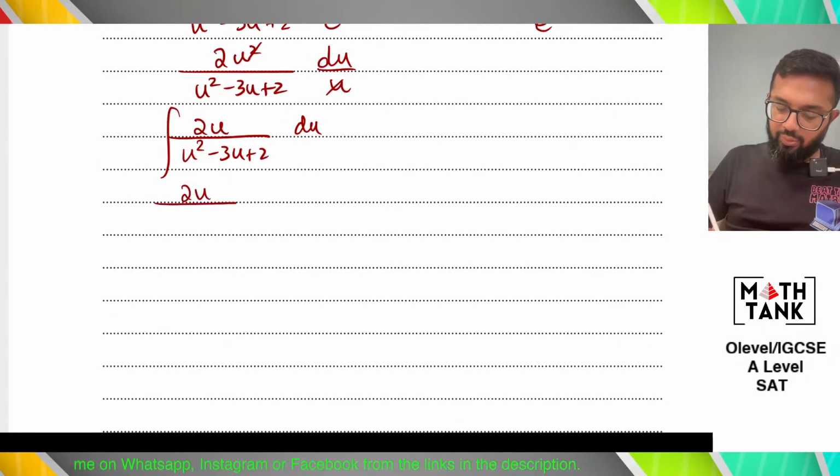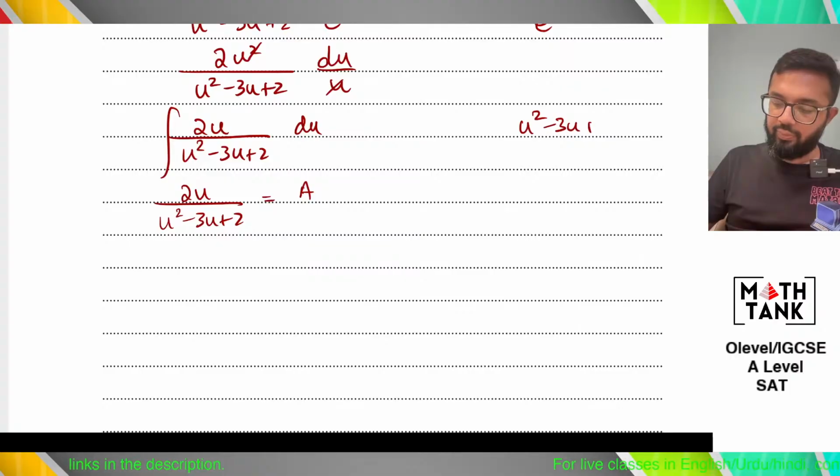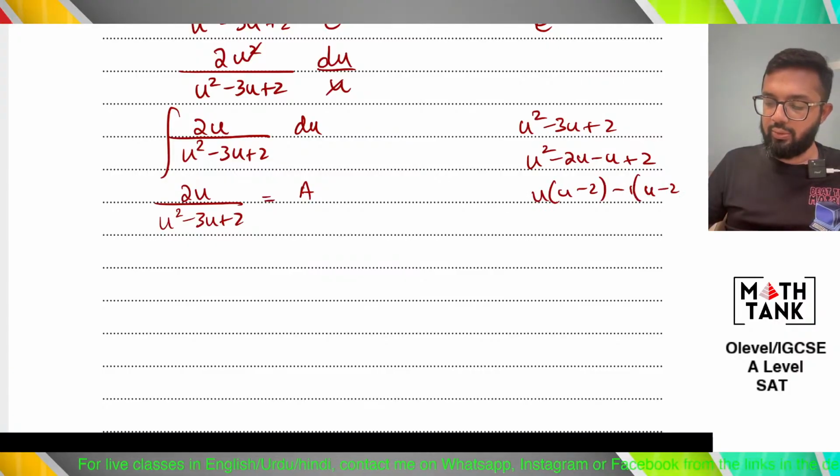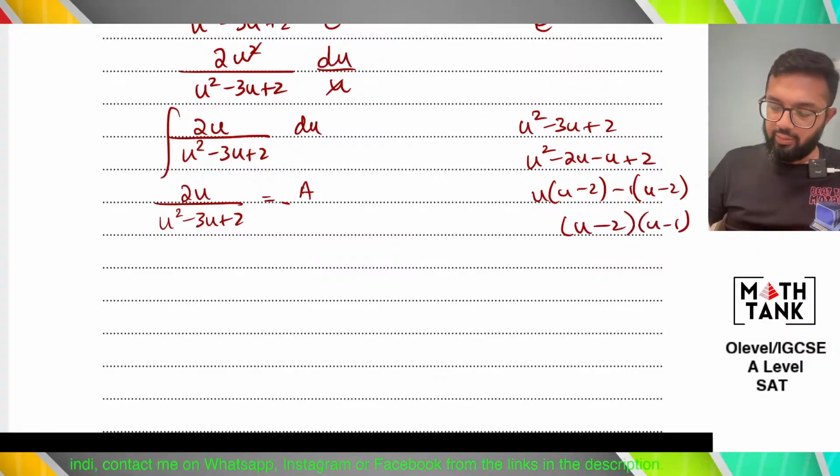So 2u over u square minus 3u plus 2 is going to break into, now what are the factors of, you will have to do that manually. Minus 2u minus u plus 2, u minus 2 minus 1, u minus 2. So u minus 2 and u minus 1.